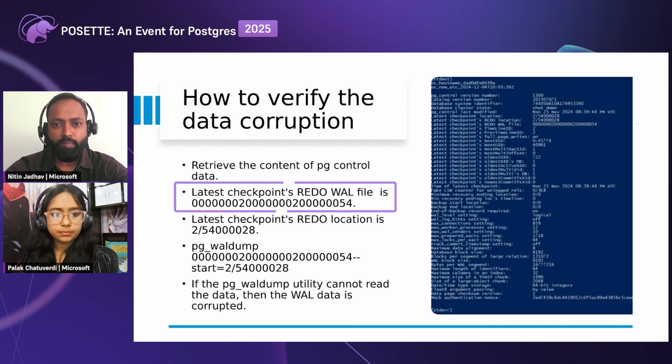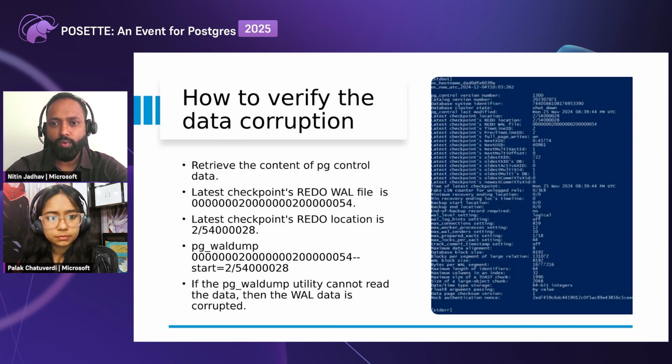In the example mentioned here, the WAL file name is ending with 54 and the WAL location is ending with 28. I'll pass this information to pg_waldump and try to read the content of this WAL file. If the pg_waldump tool is able to read the data, then there is no corruption. If it is unable to read the data, then that indicates data corruption.